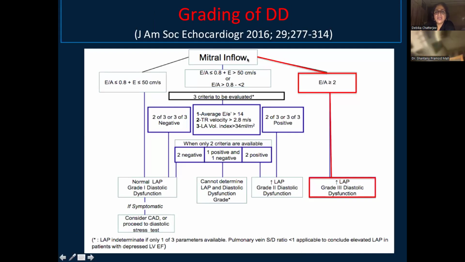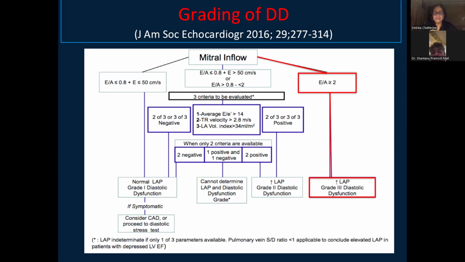Now let us look at the extreme right arm of the flow chart, where if E by A ratio is more than or equal to 2, you can straight tell that it is a grade 3 diastolic dysfunction with raised LA pressure. And this grading is done where there is myocardial disease, not in a normal young individual, where normally you may get E by A ratio more than 2 because their LV relaxation in the younger people is vigorous.